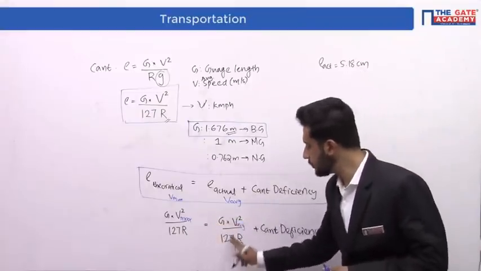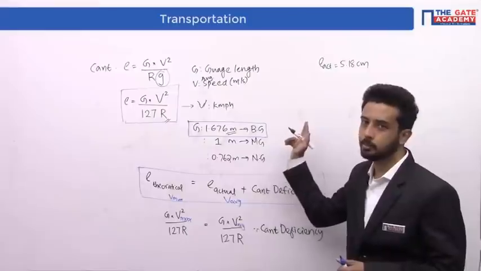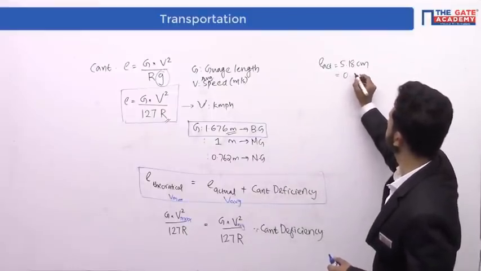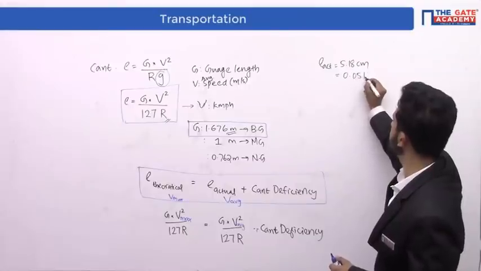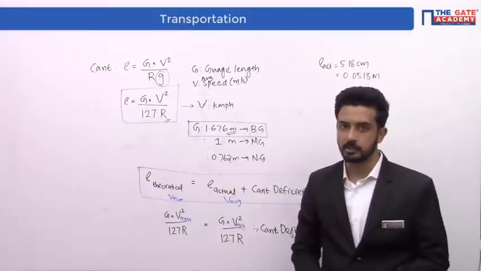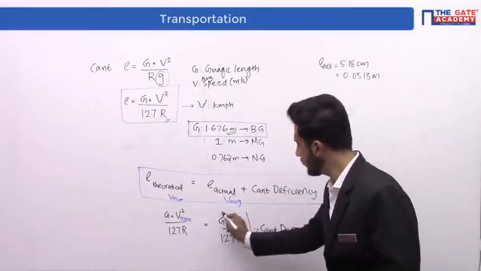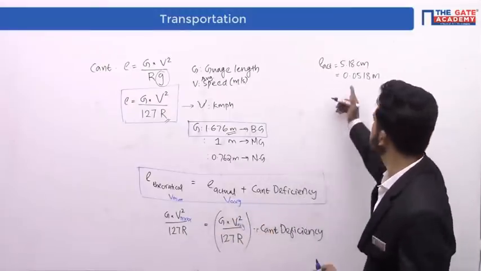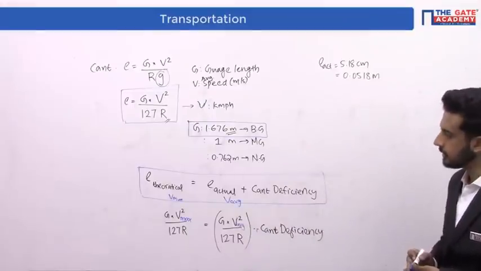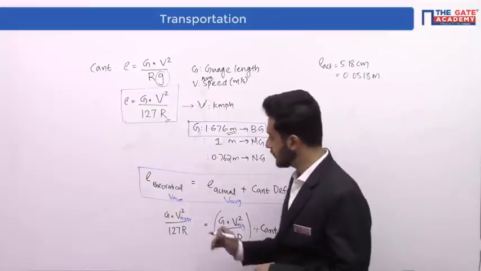If I want to use this equation, it should be in meter. Correct? So it will be 0.0518 meter. So this value is already given as 0.0518 meter.